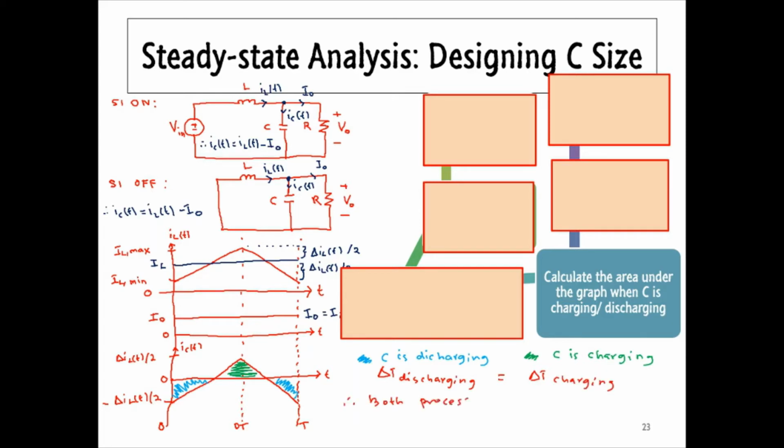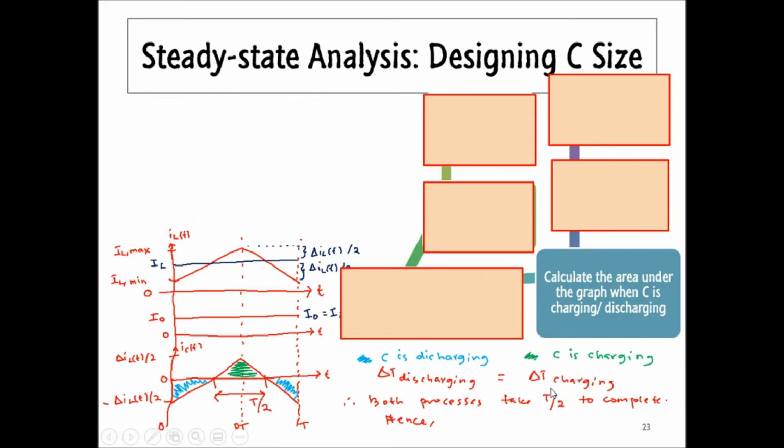According to the steady-state operation, the change of time of the discharging process is equal to the change of time of the charging process. Both processes take half cycle to complete. Therefore, we can label the x-axis of the current waveform like this.